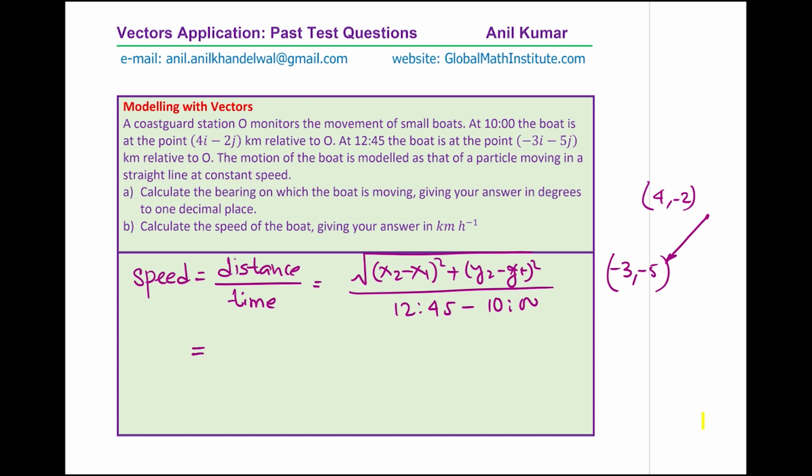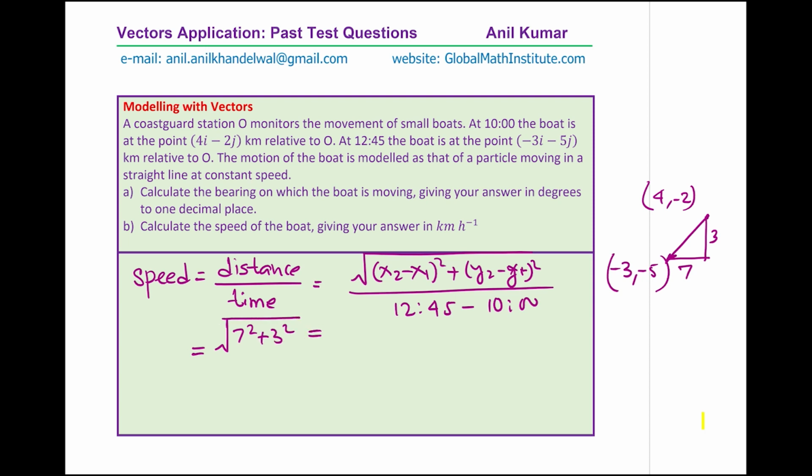So we can calculate the speed by plugging in the values. We also just calculated these differences. There were 4 and 3, right? So if you make this 7 and 3, correct? You can again write and calculate, but I'll prefer to write it now as the square root of 7 square plus 3 square.